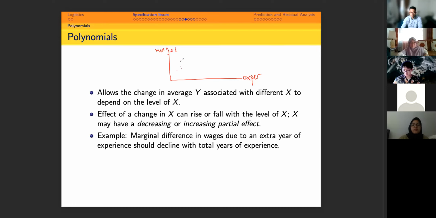If you look at the data early on, as experience increases, average wage goes up, and then after some certain point, the return is actually negative. This means that you have a negative outcome afterwards.